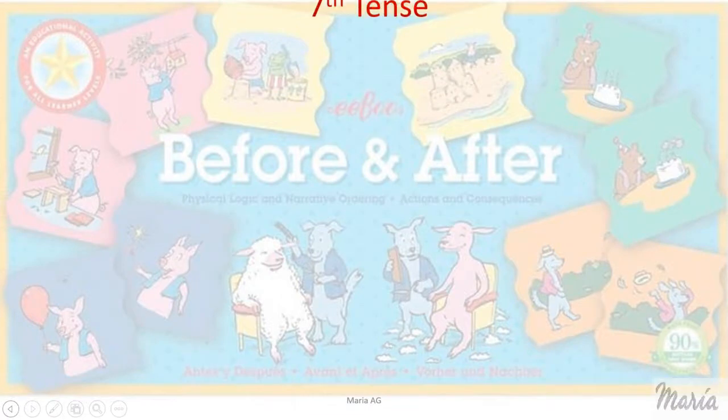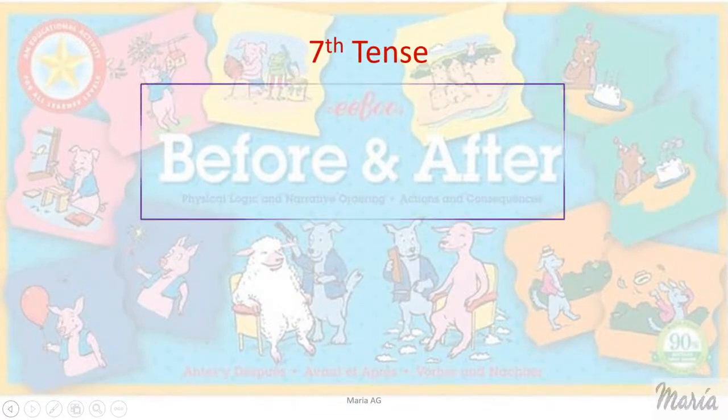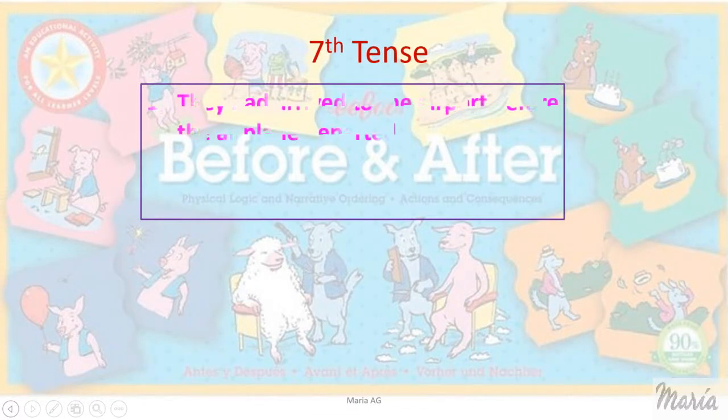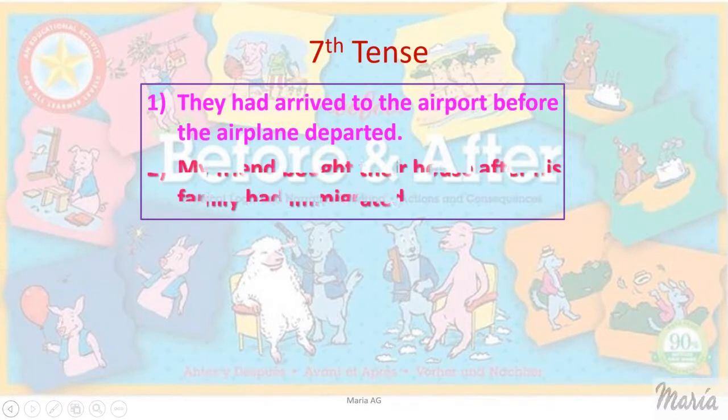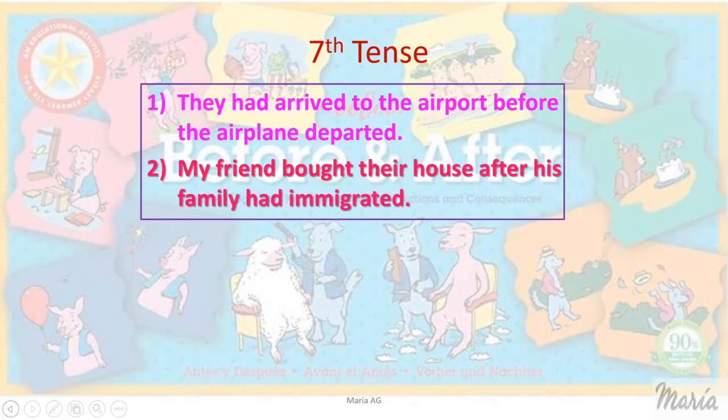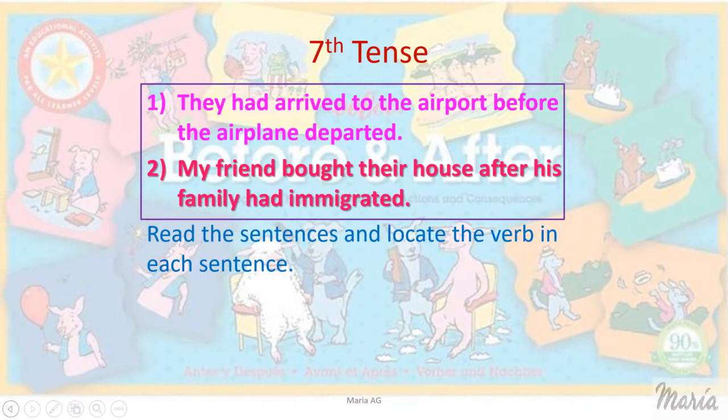Seventh tense. 1. They had arrived to the airport before the airplane departed. 2. My friend bought their house after his family had immigrated. Read the sentences and locate the verb in each sentence.